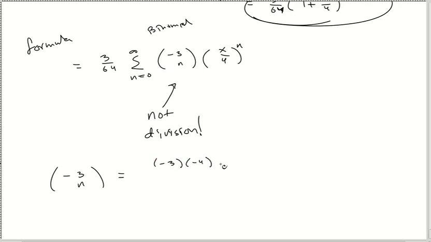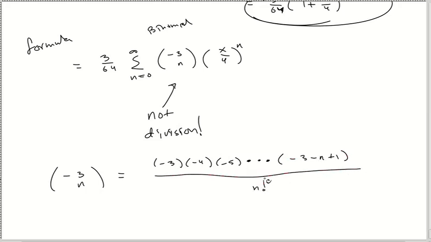So negative 3, negative 4, negative 5, dot, dot, dot, all the way until negative 3 minus n plus 1, all divided by n factorial. So this equals that. What we need to do is simplify it down a little bit.